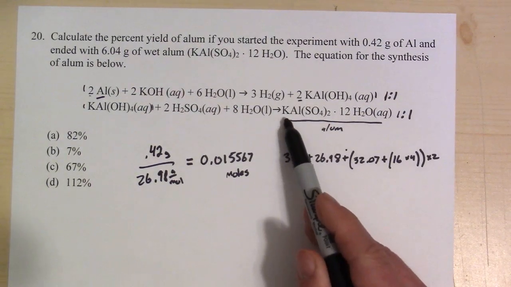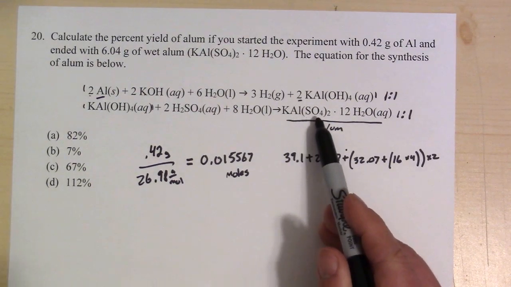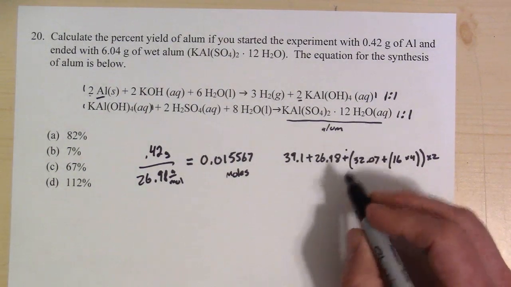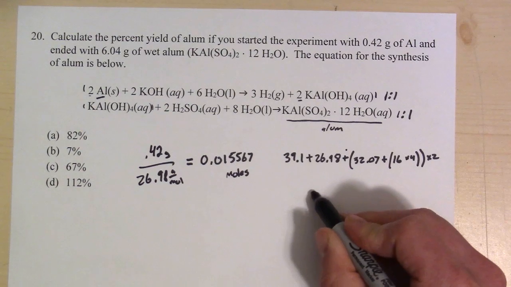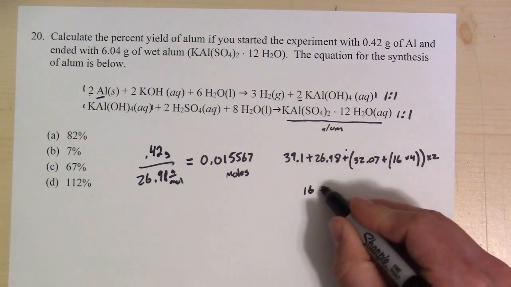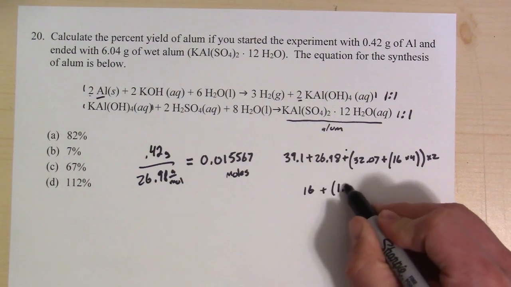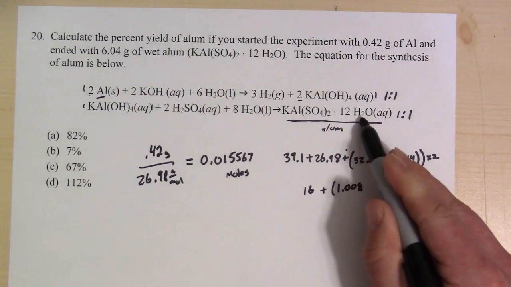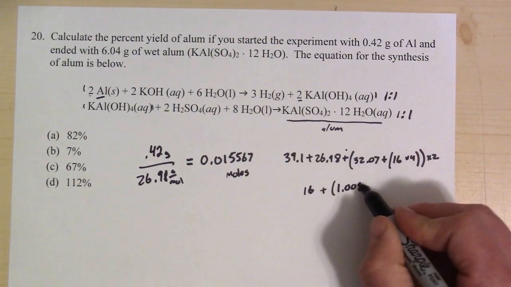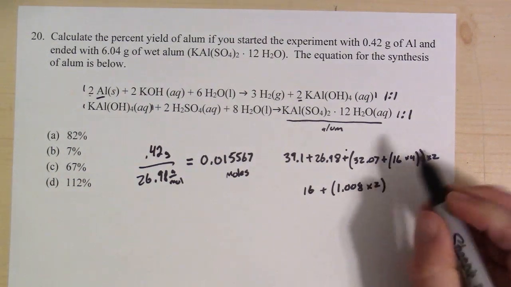So that'll be for the KAl(SO4)2 portion. We'll add that to the 12 H2Os. So we have, again, 16 for oxygen. We'll add that to 1.008 for hydrogen, and there are going to be 2 hydrogens per water.